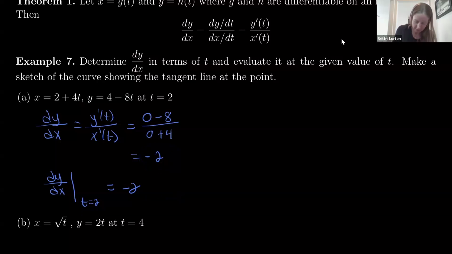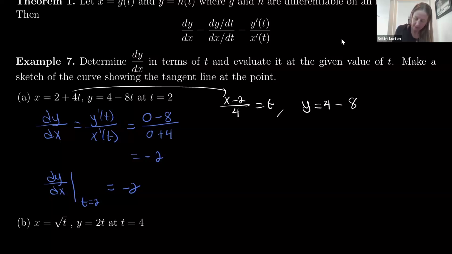Okay, let's sketch a graph and see what's happening here. I'm going to eliminate the parameter just like we did in the last video. I have (x minus 2) divided by 4 equals t. That was from that first equation. And so then into the second equation, I would have y is equal to 4 minus 8 times (x minus 2) divided by 4. I like to simplify that y equals, which makes it easier for me to graph it, but of course you're welcome to use your graphing calculator.